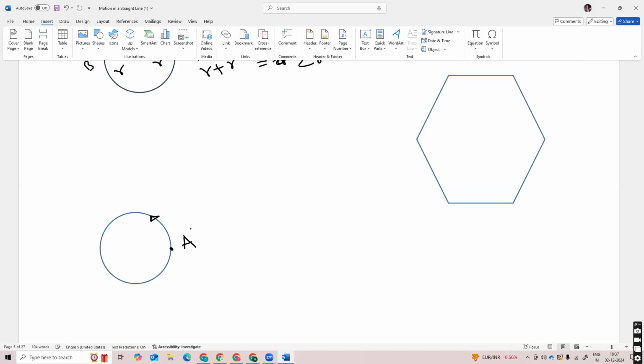But in this case, initial position and final position are the same. Therefore, the displacement of this person for reaching point A by moving anti-clockwise around the circle is 0, because initial position is the same as final position. Whereas the distance traveled by this person is equal to the perimeter of the circle, which is 2 pi r.